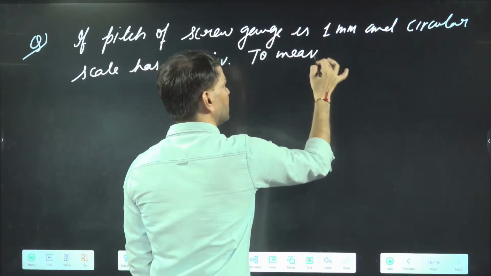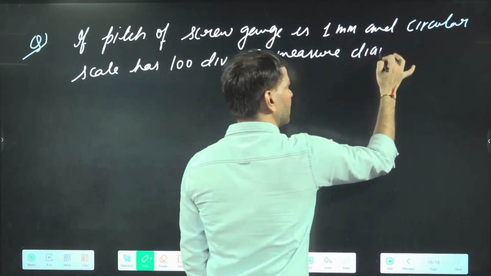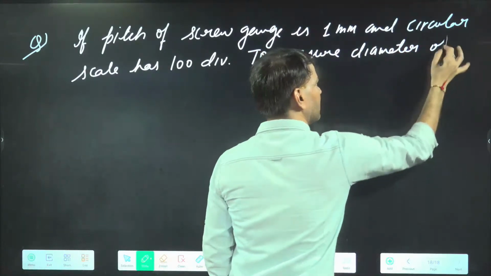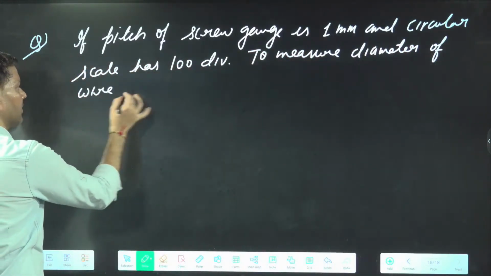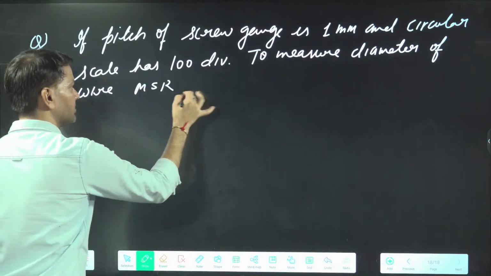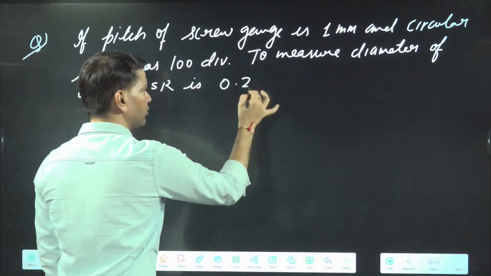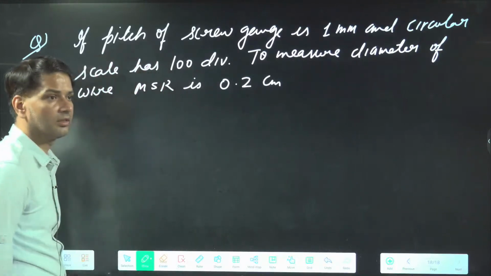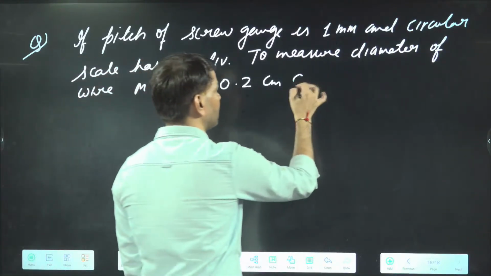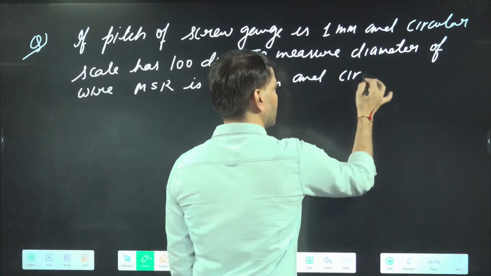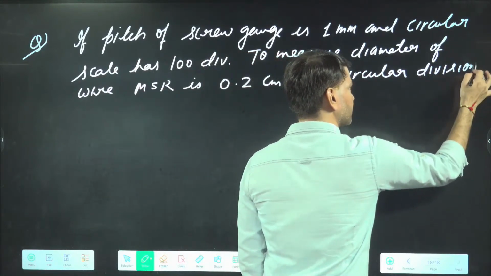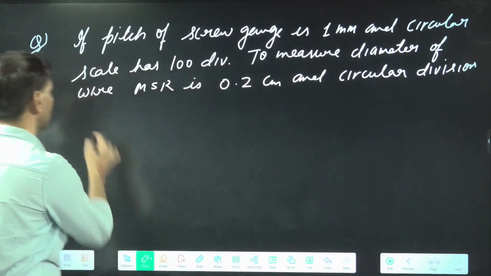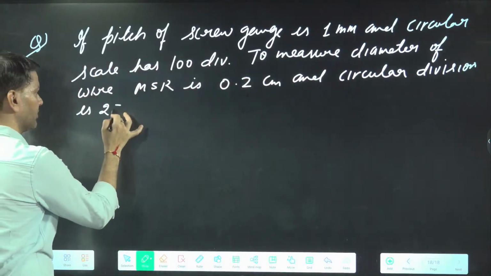to measure the diameter of a wire, the main scale reading is 0.2 centimeter and the circular scale division is 25.